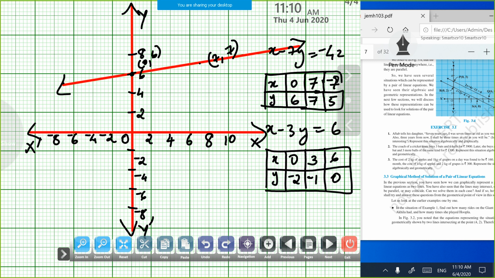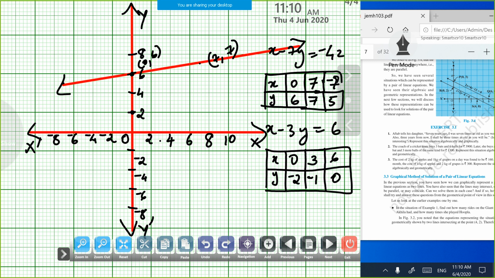Then x is equal to 3, y equal to minus 1.